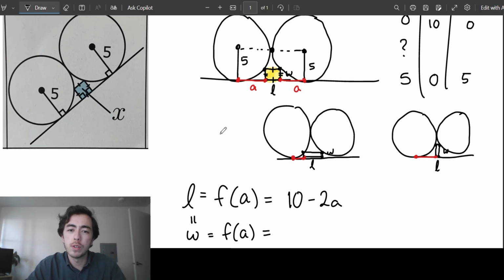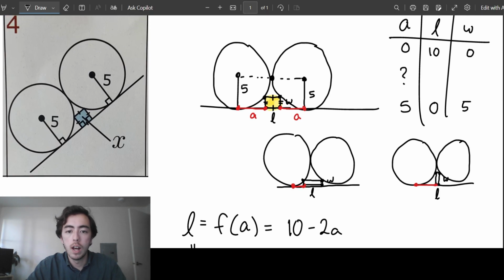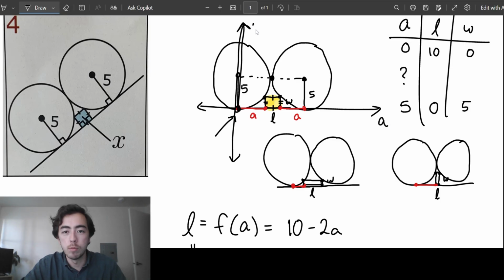I think I should do a circle equation maybe, where I guess I could pretend that this point right here is like the origin on a graph. And this would be my A axis, and this would be my W axis.